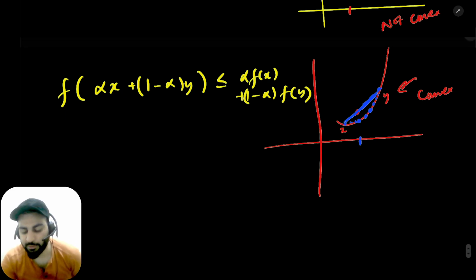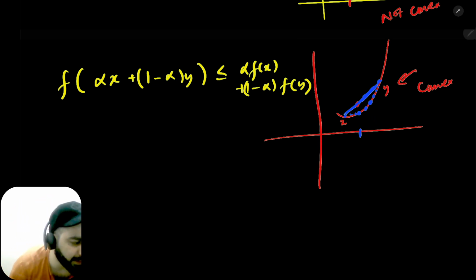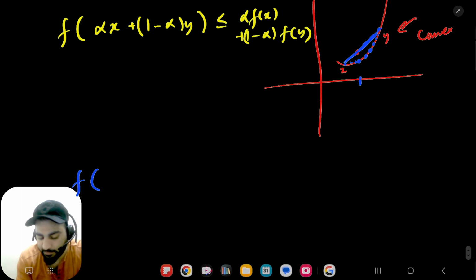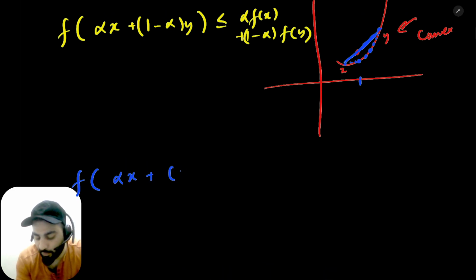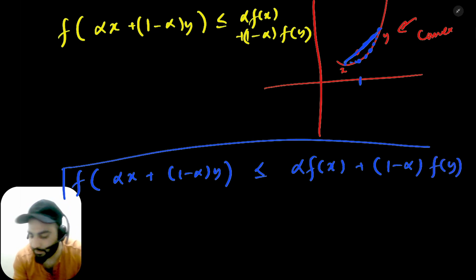This is the value of the function, and it should always be less. Then we call that function a convex function. This is called Jensen's inequality. I'll write it in a better way: f of alpha x plus 1 minus alpha y is less than or equal to alpha f of x plus 1 minus alpha f of y. This is called Jensen's inequality.